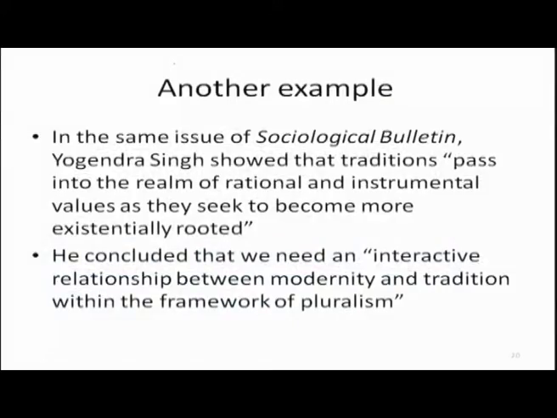Another example, in the same issue of Sociological Bulletin, Yogesh Singh showed that traditions pass into the realm of rational and instrumental values as they seek to become more existentially rooted.